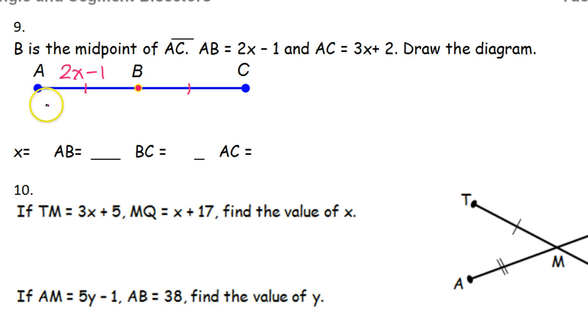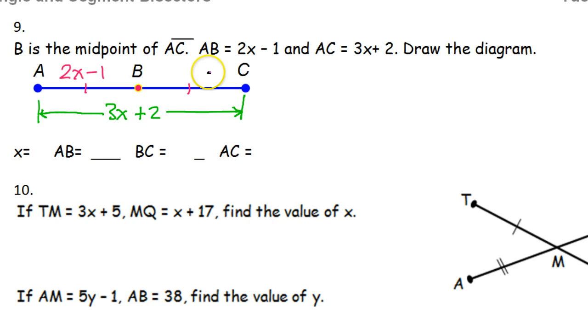So now we're talking about the distance from A to C. This is 3x plus 2, but this is the distance all the way from A to C. Okay, so now I've drawn the diagram. We're going to need to find x and then find these other segments.